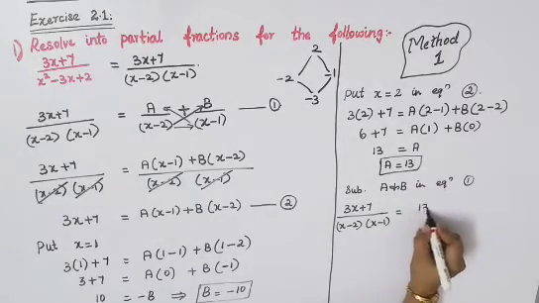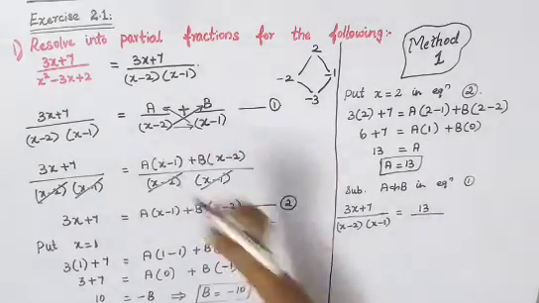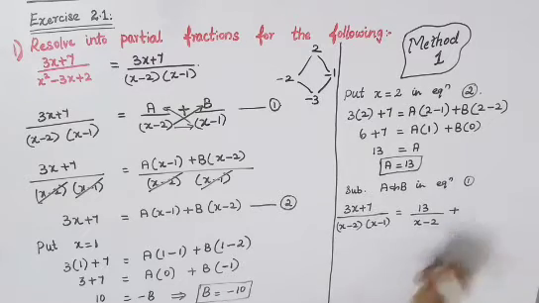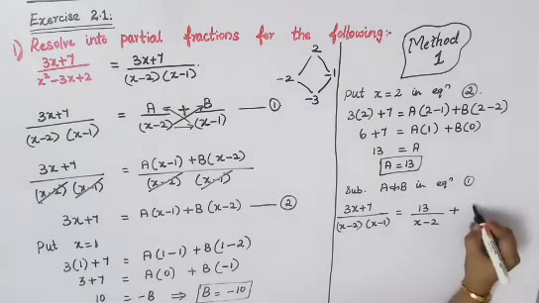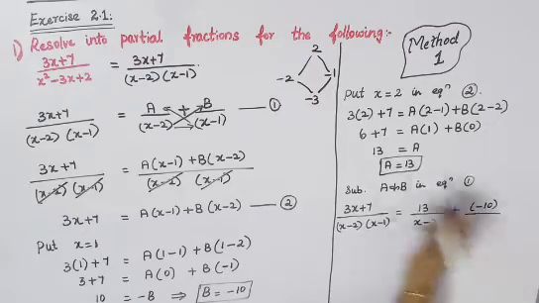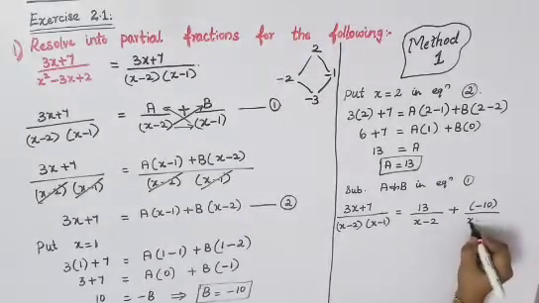Okay, so 13 divided by x minus 2 will be there as it is, plus here we have got minus 10. So I'll just give minus 10 divided by x minus 1, so we'll leave that x minus 1 as it is.